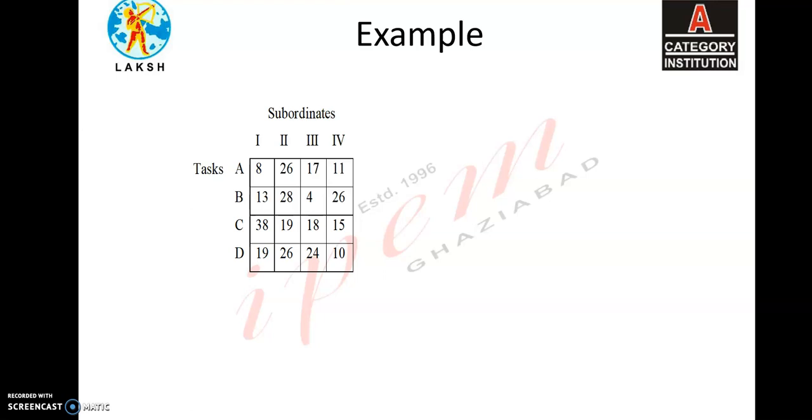It is not possible for one person to do more than one job. In this small problem we can find it by observing, but in large problems we cannot do it only by observation. So we will solve this type of problem by the Hungarian method, to find which person should be assigned to which job.